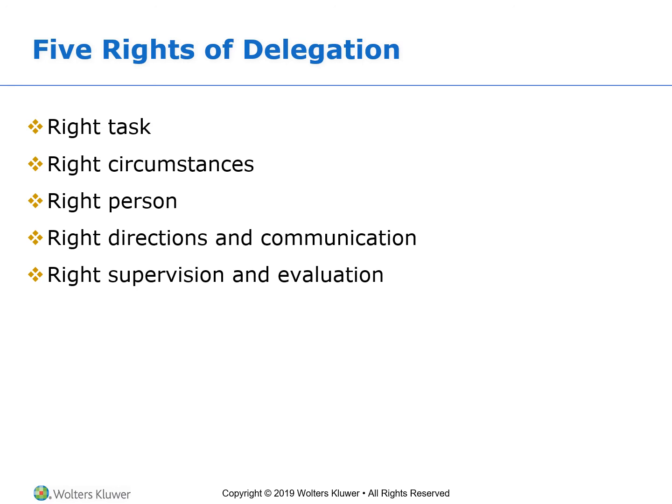So if you're saying, okay, yes, you can take the blood pressure of the patient in room 5, but I need to know if the diastolic is above 95 and if the systolic is above 135. I need to know that, so please communicate to me. This way you're giving them clear-cut, specific instructions. You can't just say, go take their blood pressure and tell me if it's abnormal. You have to give them parameters there.